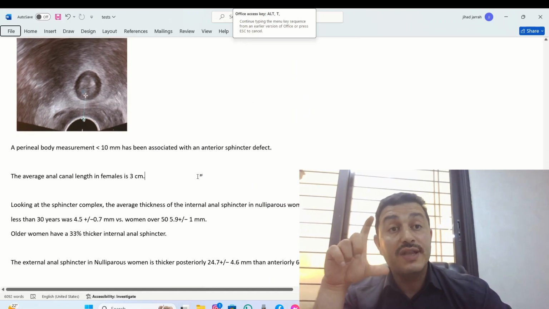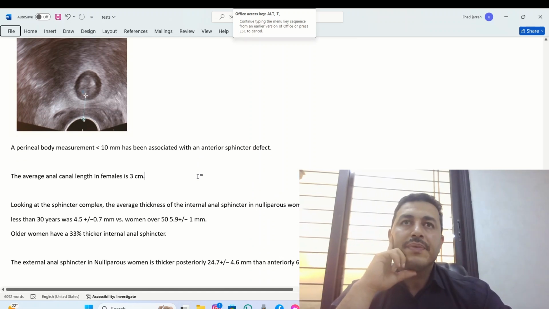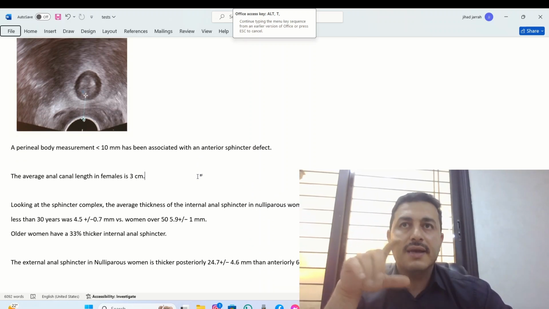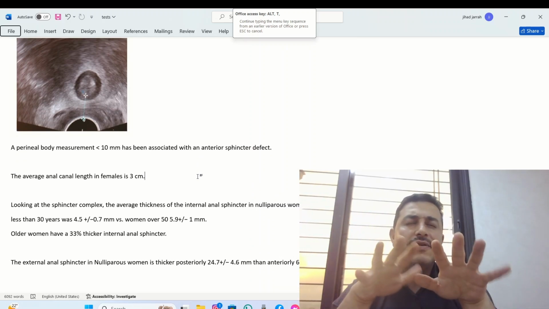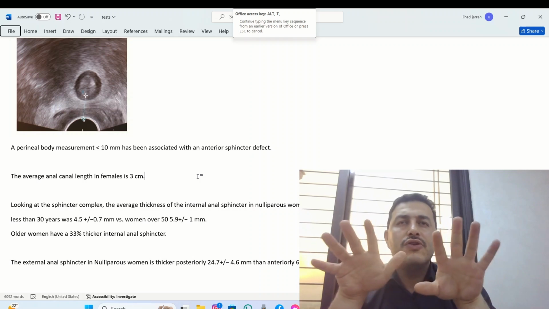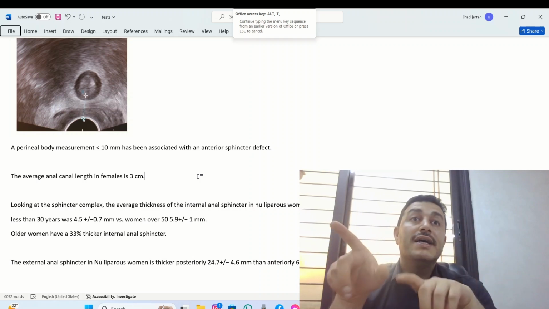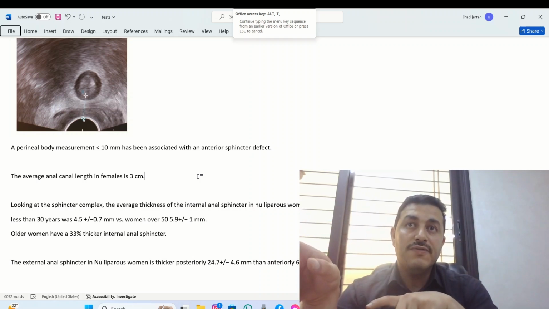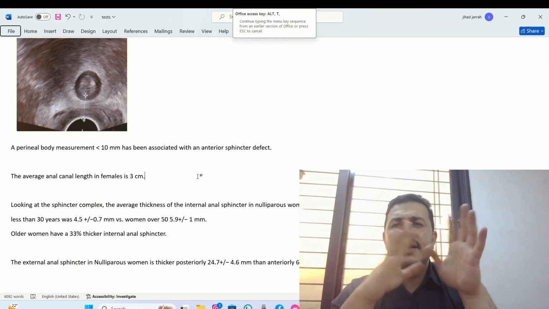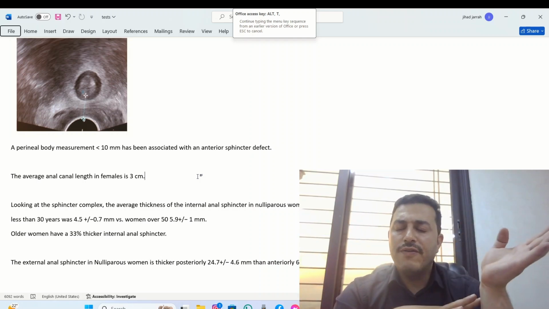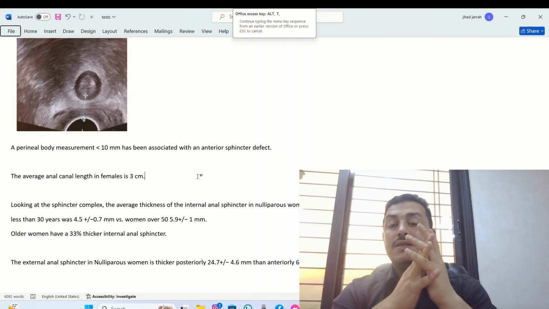Also, we can measure the length of the anal canal, which we said in females on average is 3 to 4 centimeter. It is shorter in female, longer in male, from 3 to 5.5 centimeter.